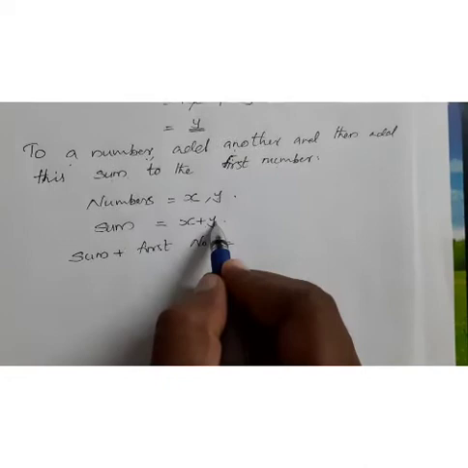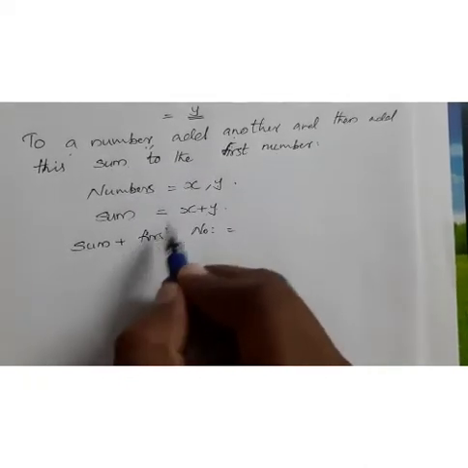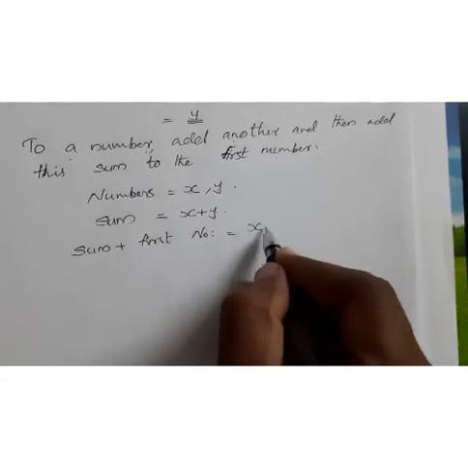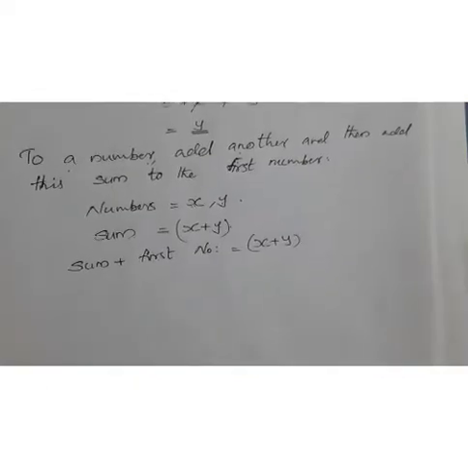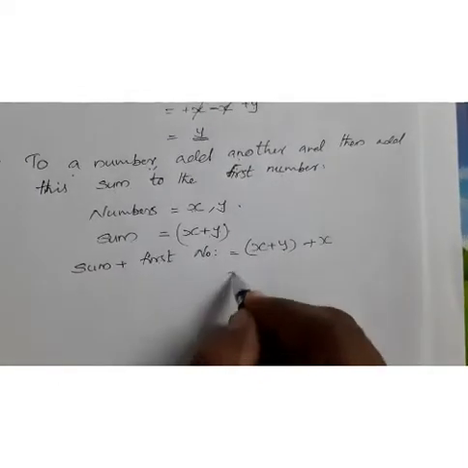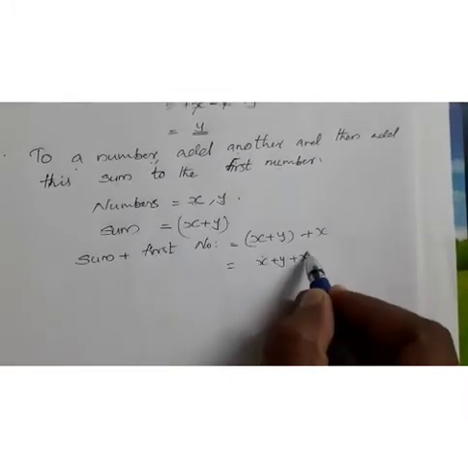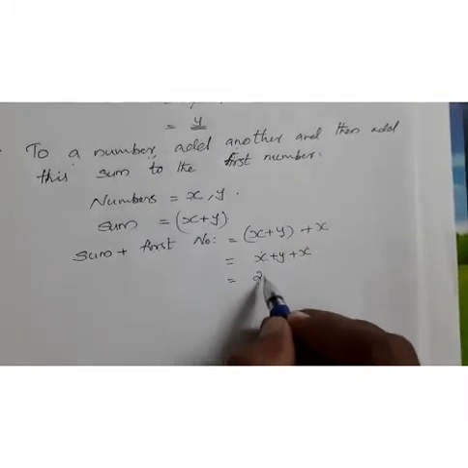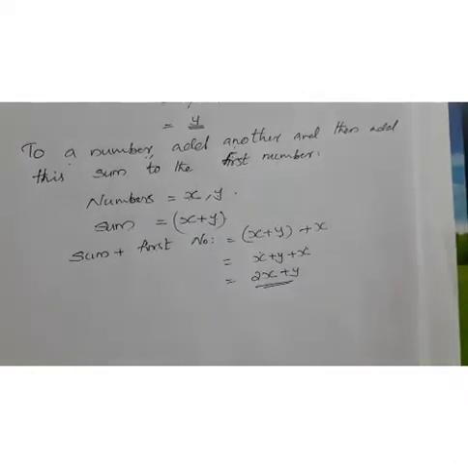Then to this sum you add the first number: x plus y plus x. x and x should be added. You will get 2x. 2x plus y is the answer.